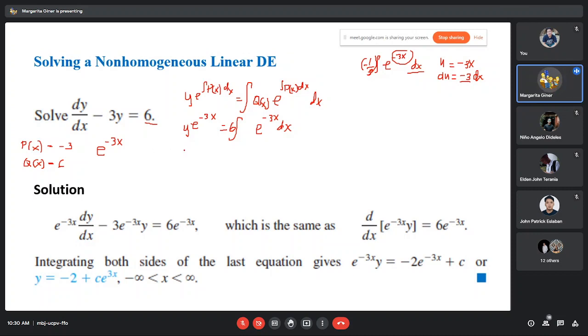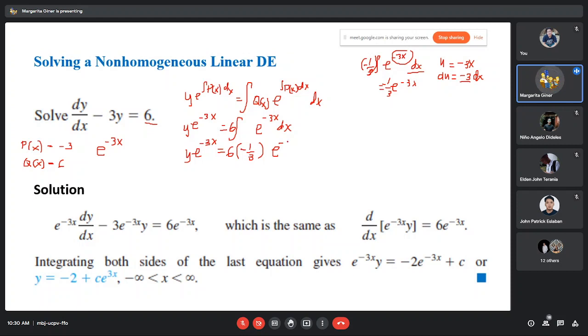Okay? So, this time, you have y e raised to negative 3x. You already have 6. Since you multiply it by negative 1/3, the answer will be e raised to negative 3x.